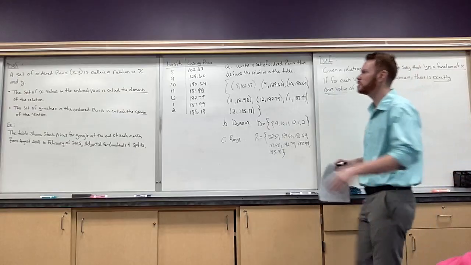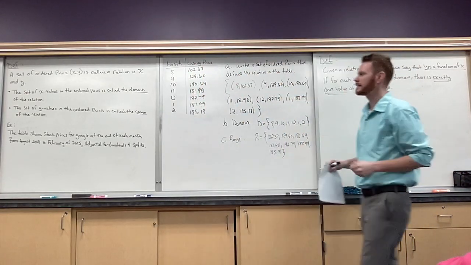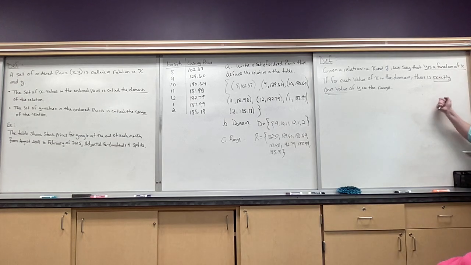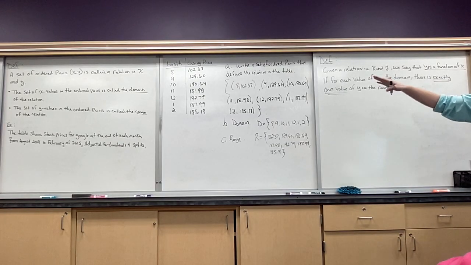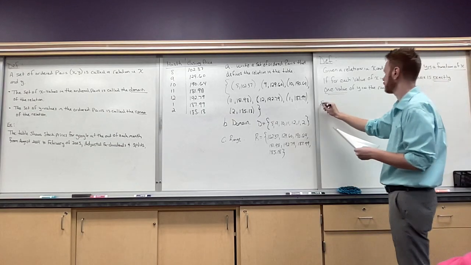You can't have two different closing prices for the month of August for Google. So that's what this is telling us. If you want to look at a real-world application, we have to make sure that we don't have values like that. So it's narrowing down all those relations that exist in the world. All the relations that match this definition, we call them functions. Let's look at an example.